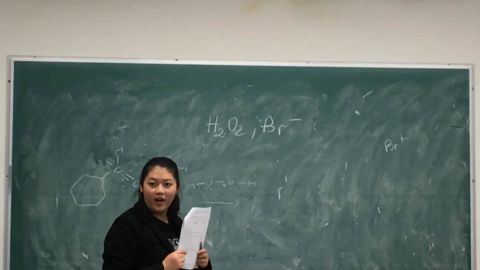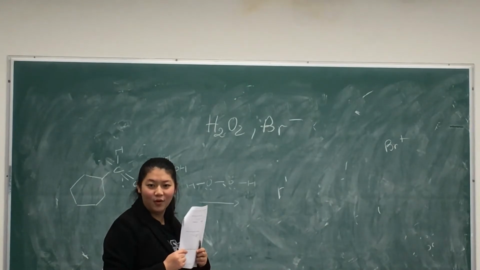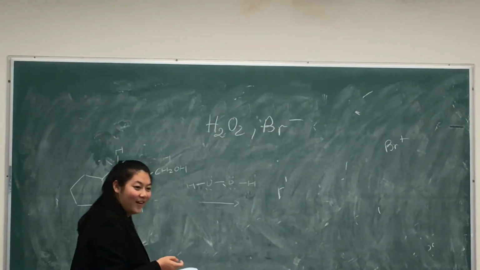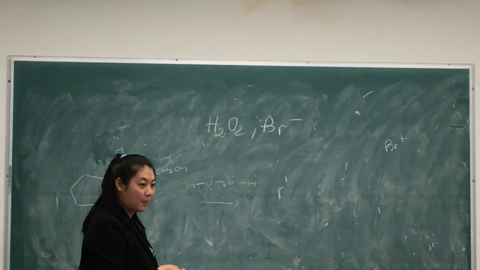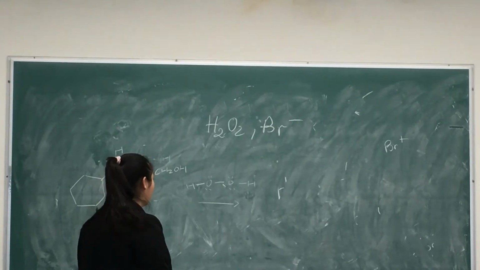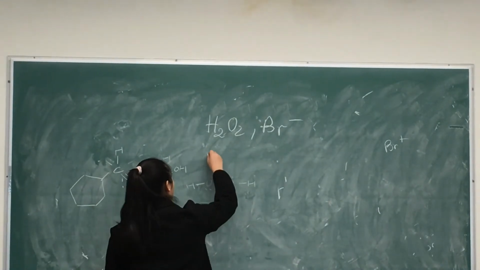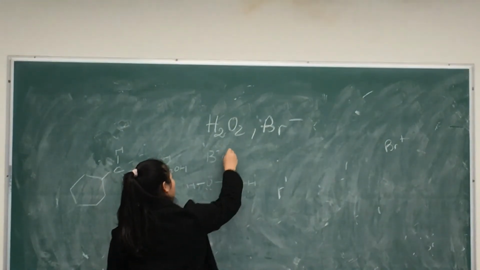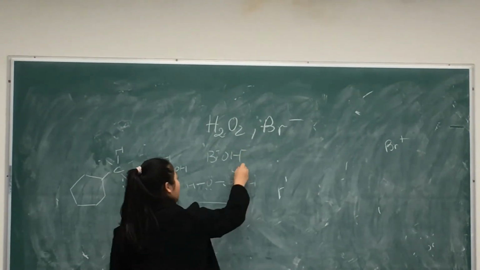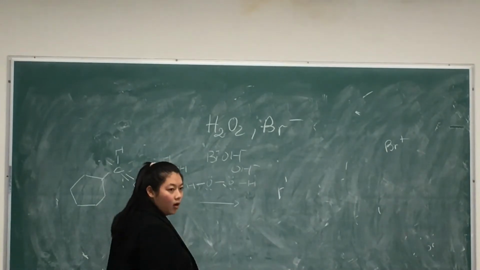Water, right? Where will water attack? This one or this one? See? The product has OH here. So that's the reason water will attack the more substituted carbon. So the water attacks here. What happens next?